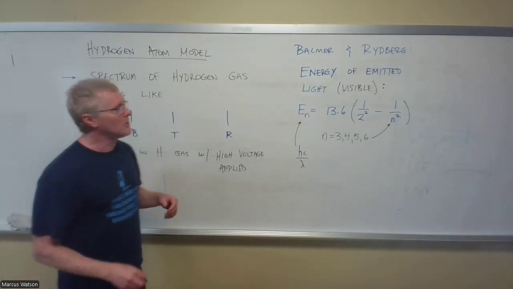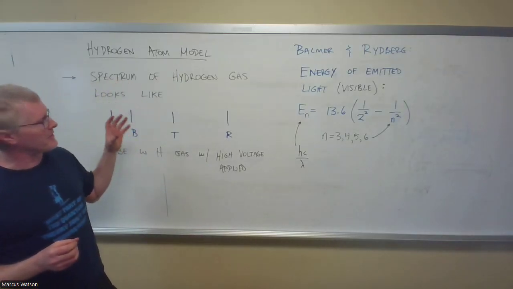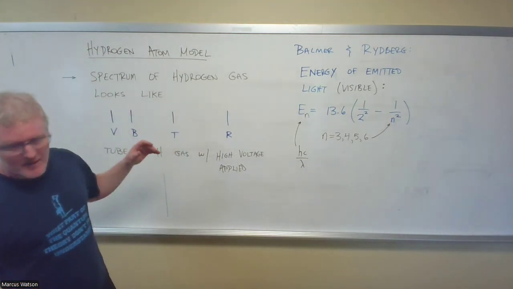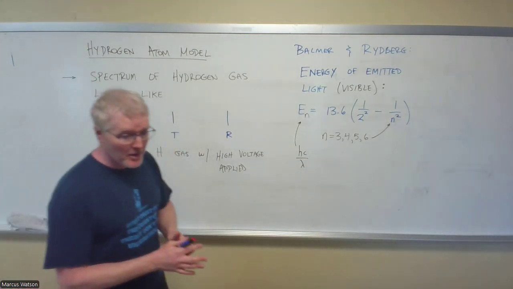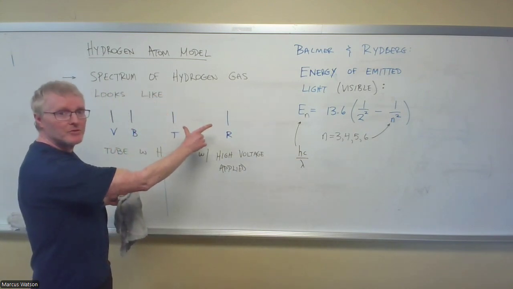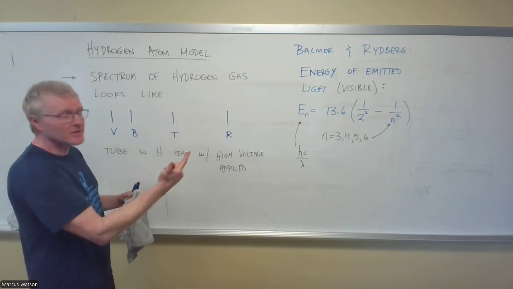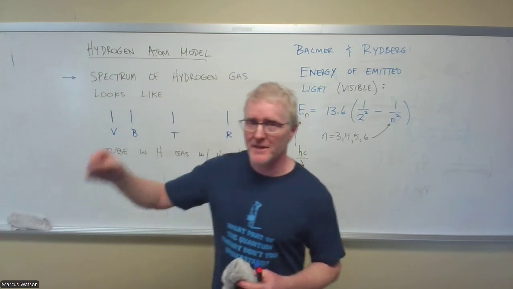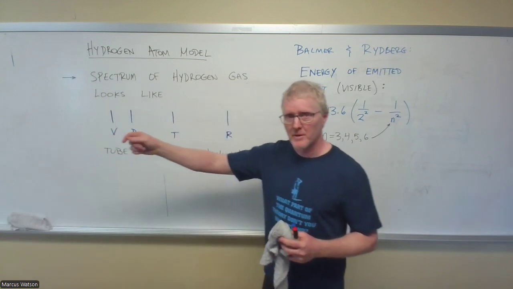So when you look at the model that Bohr came up with for this, he was actually really excited about it, because he found out that he can reproduce these wavelengths if he considers an electron jumping between spots in an atom.